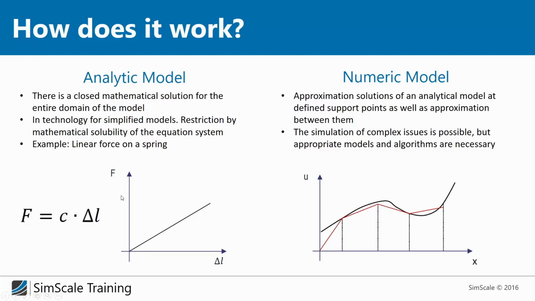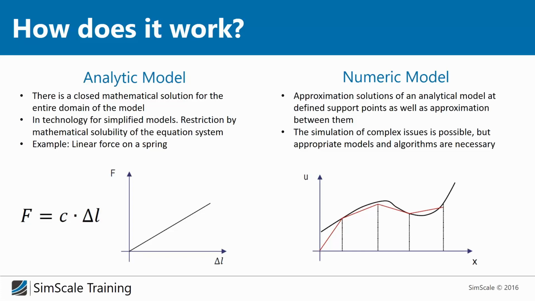You plot the force against this elongation, and what you will find out is that there is a linear relationship, and this linear coefficient we call C, which is the stiffness of the spring. And that's basically a very simple zero-dimensional or one-dimensional model for a spring.